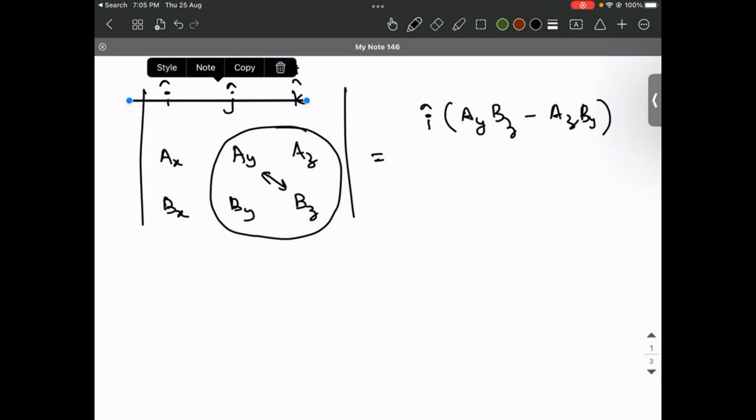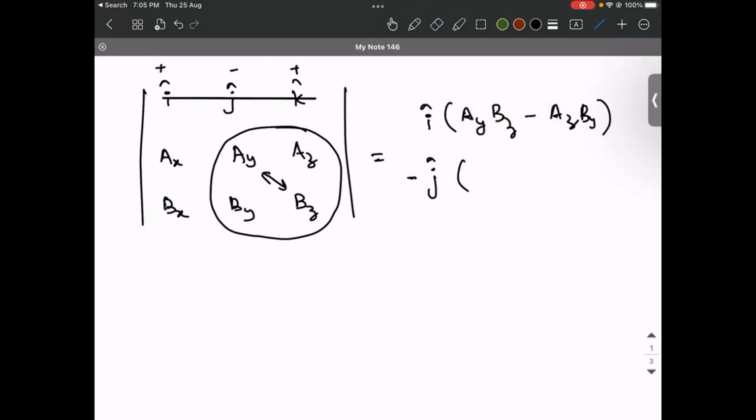Second, you should put j cap. Obviously, after i, you have j. But what is the sign for j cap? Negative. Put a bracket. Hide the corresponding row and the corresponding column. What are you able to see? ax, az, bx, bz. So ax into bz minus az into bx.